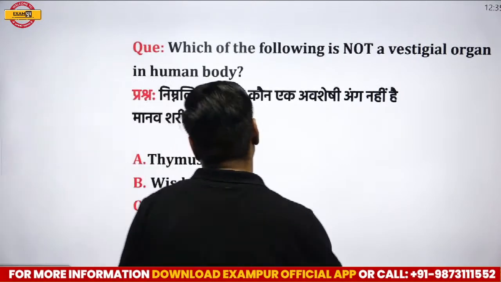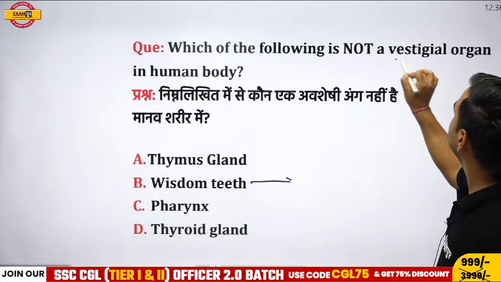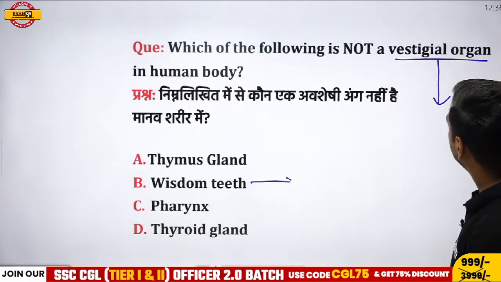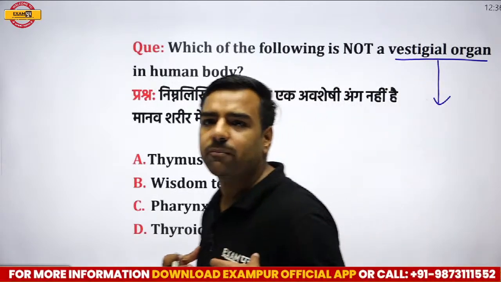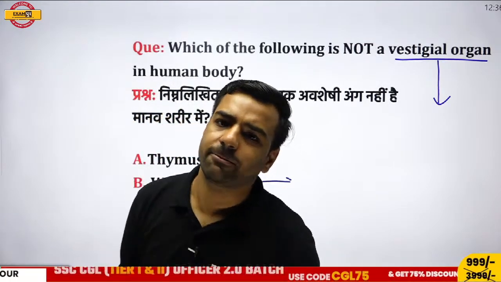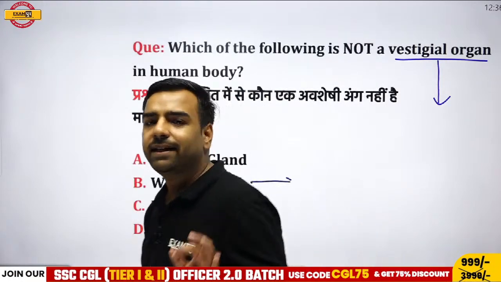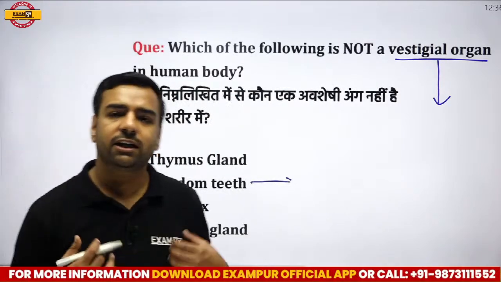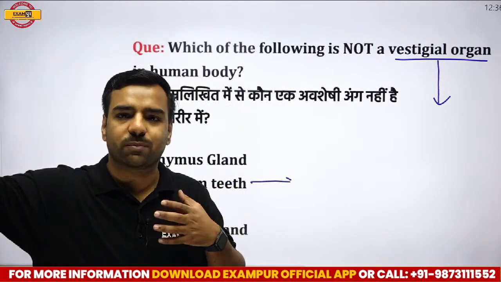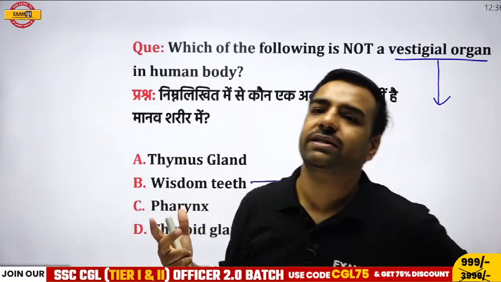See, if I talk about this wisdom tooth, first of all, we must be aware of what a vestigial organ is. Vestigial organs are those organs which are present within our body, but they are of no such use. For example, once we were apes, we had a tail, and that tail was important till we were living on trees. But since it is not important now, we can say that it is a vestigial part.